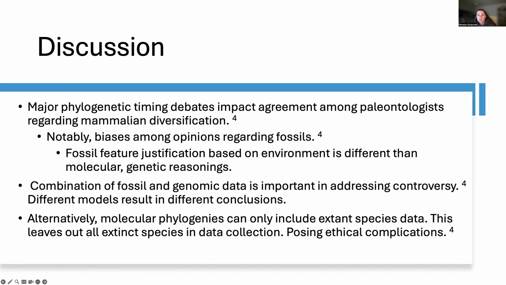Alternatively, molecular phylogenies can only include living species data, so this leaves out all extinct species. This provides ethical complications because you can't have a full picture of what happened when something went extinct, when you don't have the DNA of it. So the overlap of molecular and morphological data is pretty important.